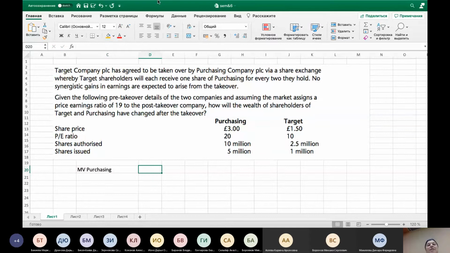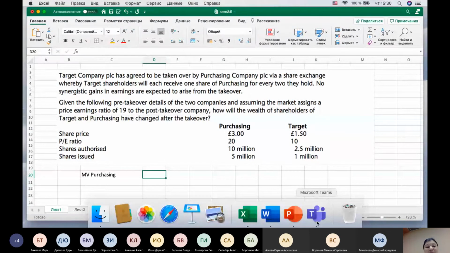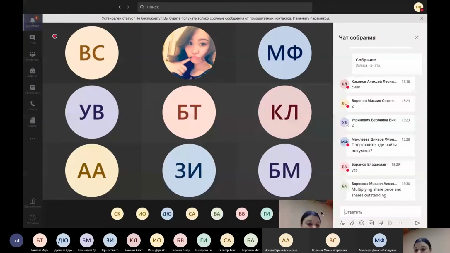How could we find the market value of our first company, the company purchasing? What are your proposals? How will we find the value? Good.